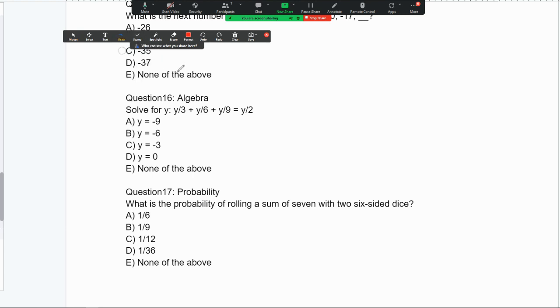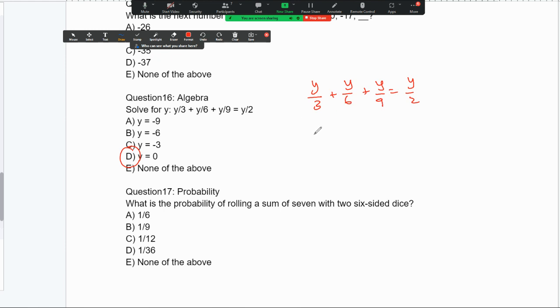Question 16. We have y over 3 plus y over 9 equals y over 2. The answer 0 definitely works here as well. Will it ever change? Well, no. y equals 0. Done. But then maybe you can make both sides equal somehow. Is that even possible? Should I find a common denominator?